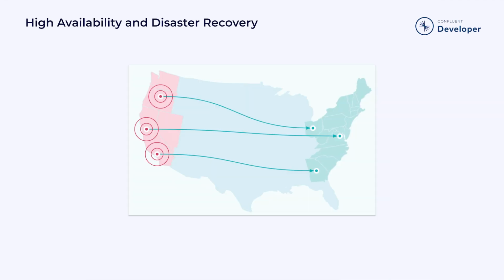If disaster strikes, catastrophic hardware failure, software failure, power outage, denial of service attack, or any other event that causes one data center to completely fail, Kafka continues running in another data center until service is restored.